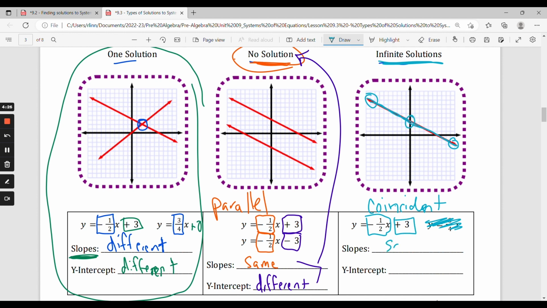So the slopes are the same and the y-intercepts are the same. When we have two lines with the same slope and the same y-intercept, we're going to have an infinite number of solutions. Every single point on this graph we could circle and say, that's a point where those two lines share.